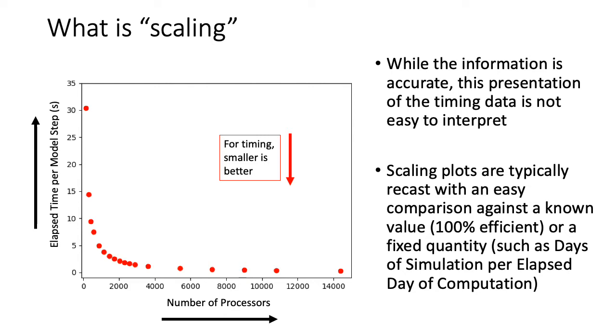Traditionally, what people do is they recast this information into something that's easier to understand, against a known 100% efficiency, or some sort of fixed quantity such as days of simulation per elapsed day of computation.